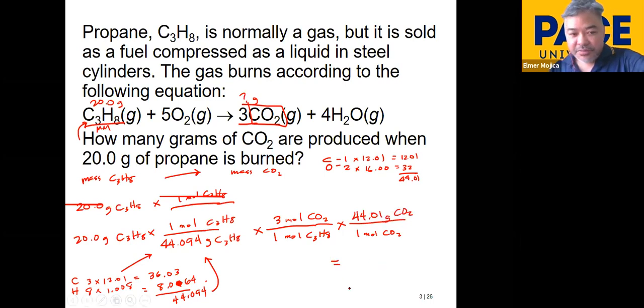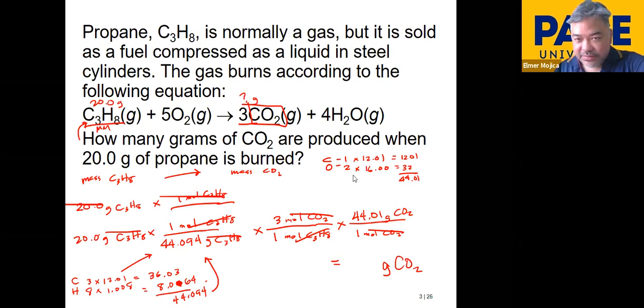So what we're going to do, cancel the one that can be canceled, leaving you with the one that is being asked. Analyze. So 20 times 3 times 44.01 divided by 44.09.